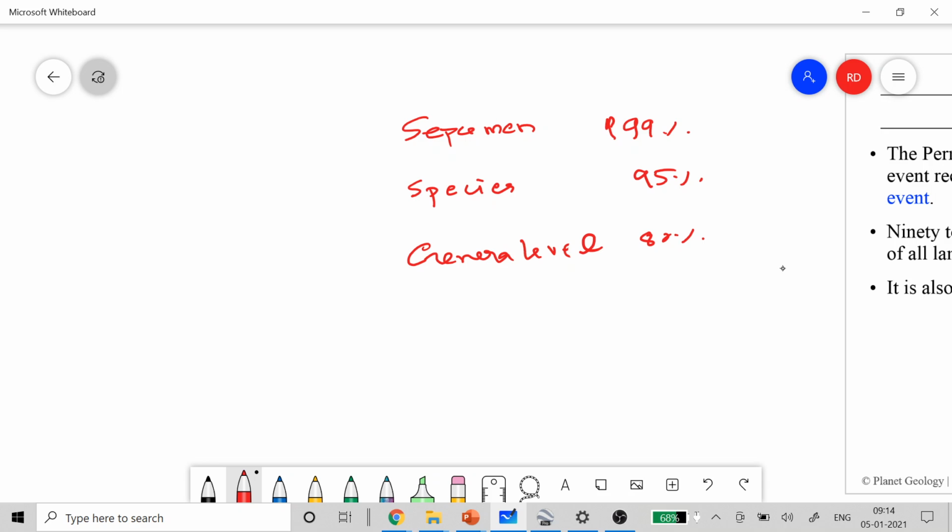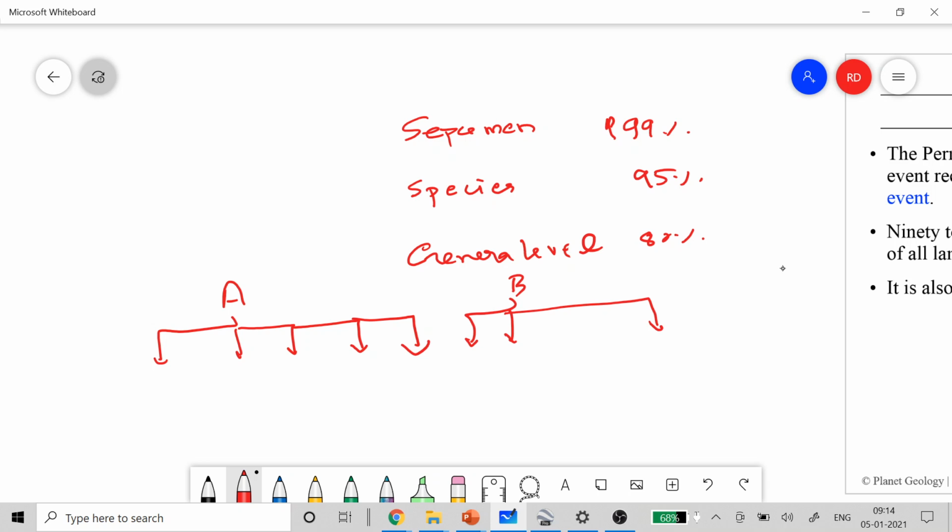And the reason is simple. Let's say genus A is divided into 5 species, or it could be 10 also, and then genus B is again divided into 5 species.